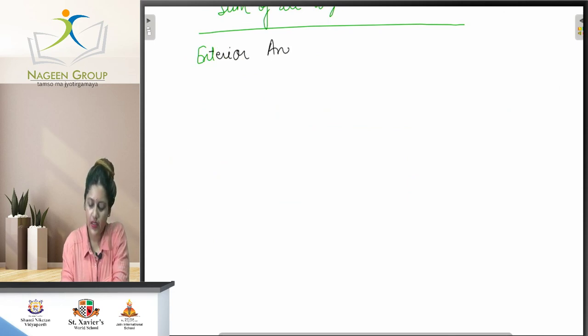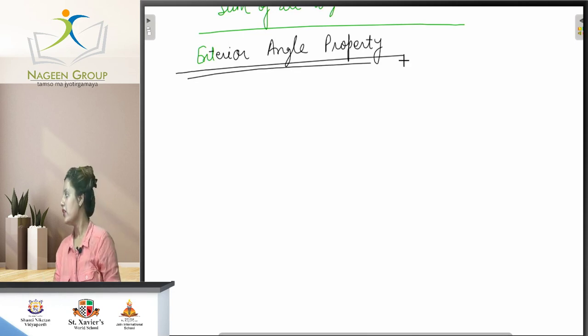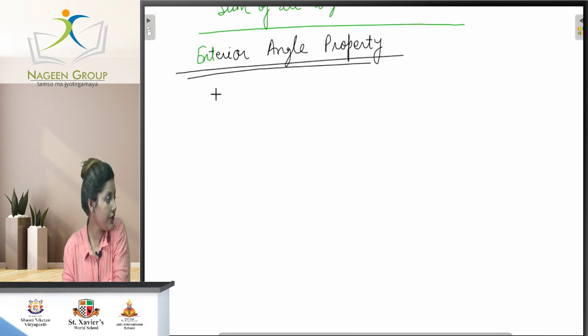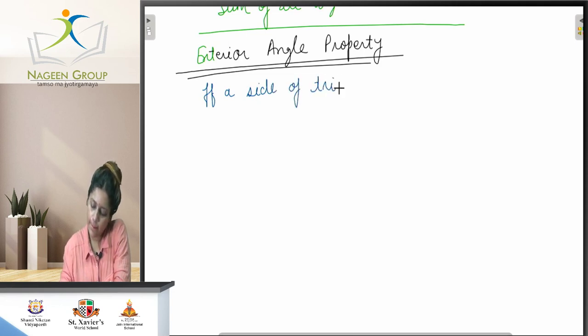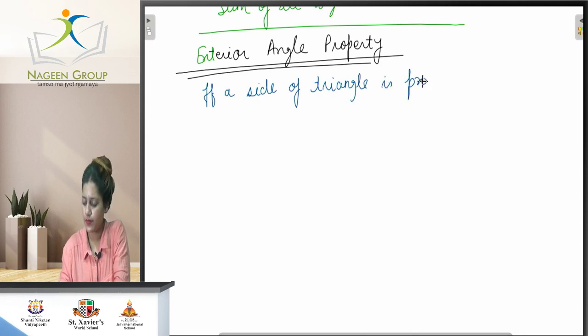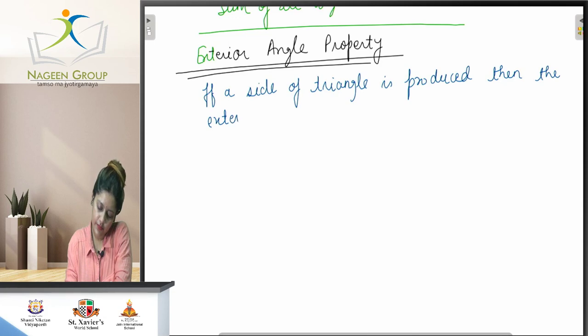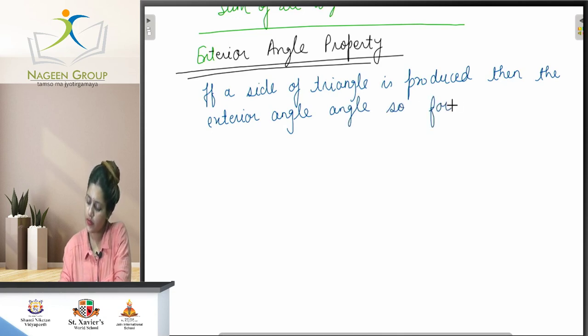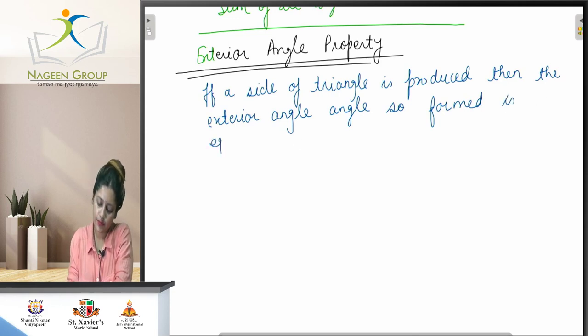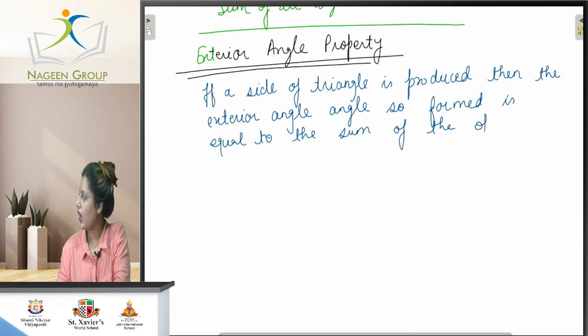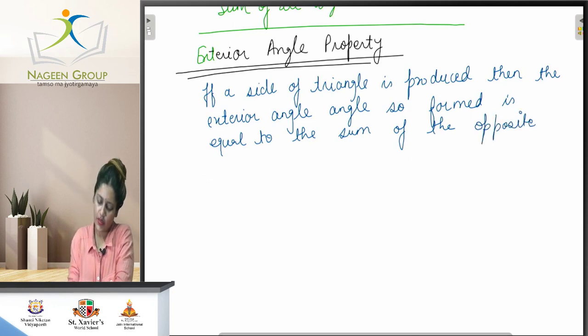Next one is the exterior angle property. The theory part tells us that if a side of a triangle is produced, then the exterior angle so formed is equal to the sum of the opposite interior angles.